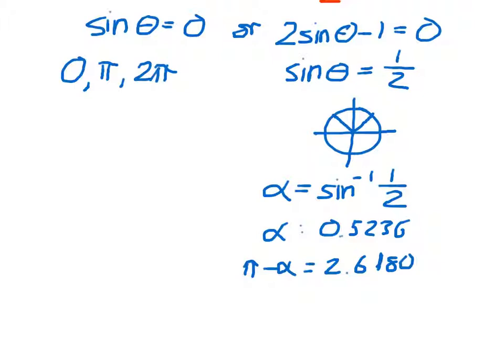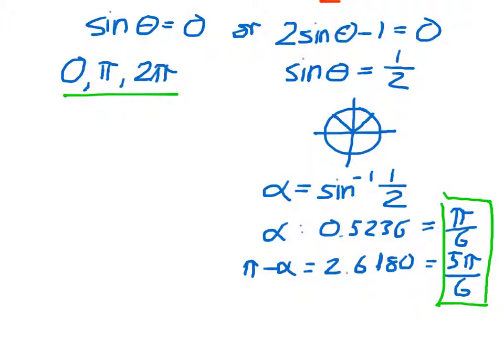In fact, our first answer here is really pi over 6, and our second answer is 5 pi over 6. But I wanted to go through the process to show you how to use the working angles again. But if you recognize that sine theta equals 1/2, we could have solved it using the unit circle, then that's also a valid solution. So notice that I have 5 overall solutions here to this problem. And that's okay.